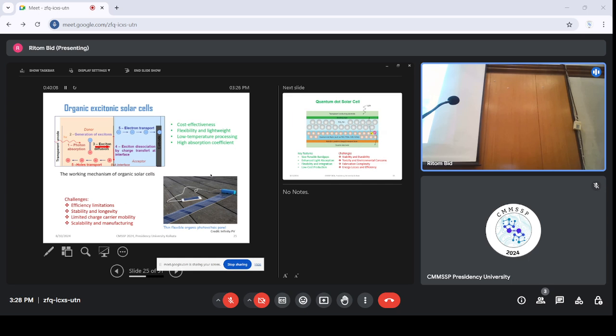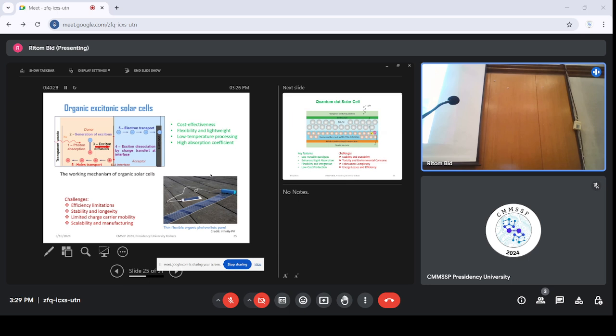Organic excitonic solar cell. This is another idea of getting the current out of the incident light. In this absorber, in this sensitizer, light produces electron hole pairs, but they are not free electrons and free holes. They are bound together by some Coulombic interaction, which is known as excitons.